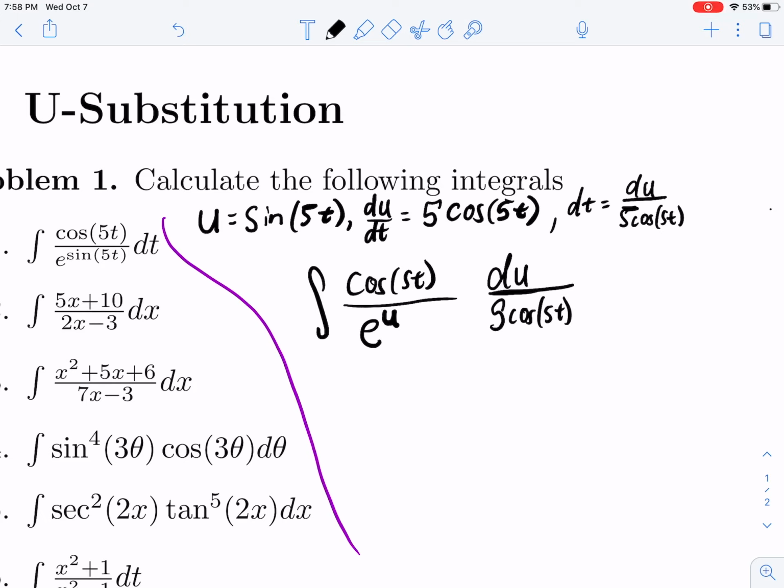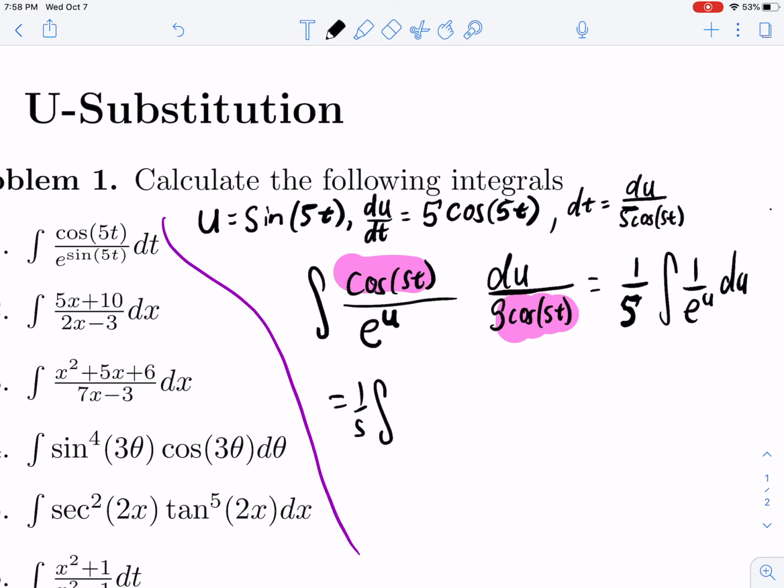Then we notice we've got a cosine here and a cosine there, so the cosines cancel, and that 5 we can pull out as 1/5. So we have 1/5 times the integral of 1 over e to the u du, which is the integral of e to the negative u du.